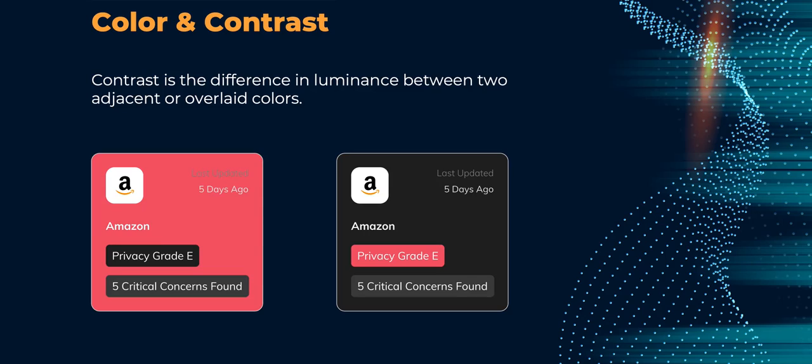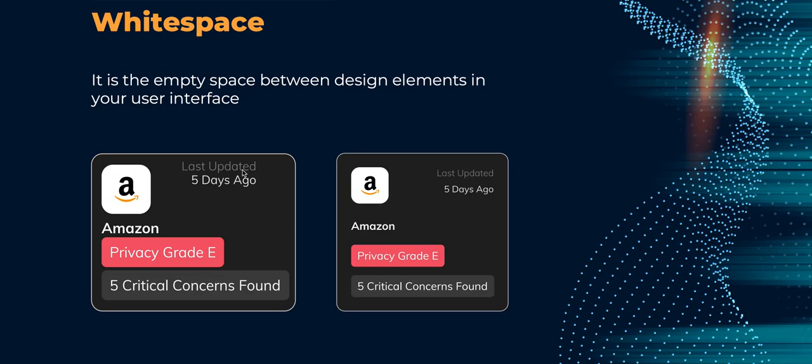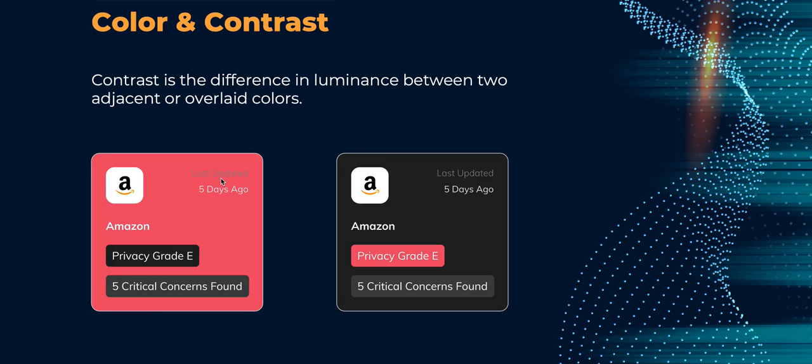So color and contrast. Contrast is the difference in luminance between two adjacent or overlaid colors, right? If you look at my examples here below, you realize that the first one doesn't have a very good contrast here.